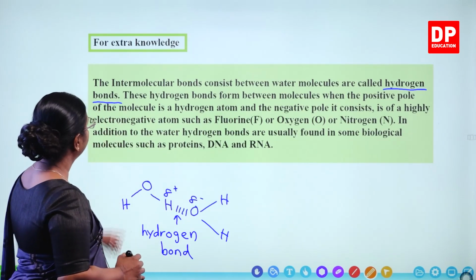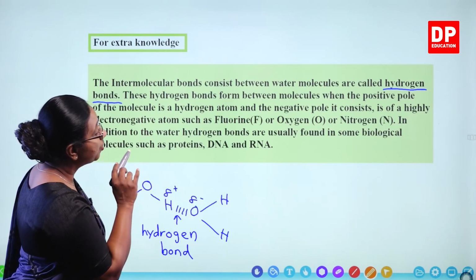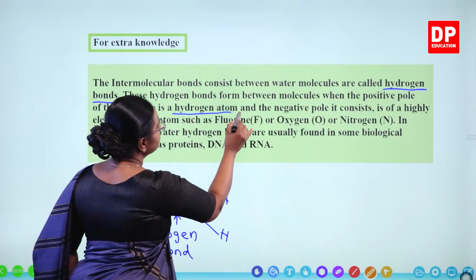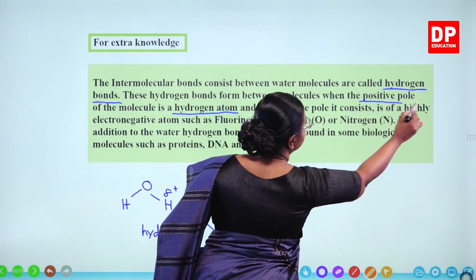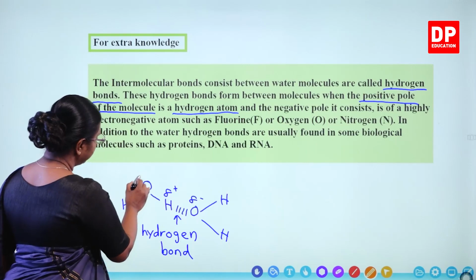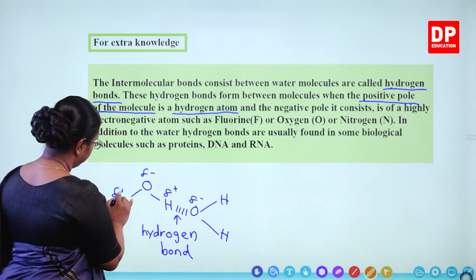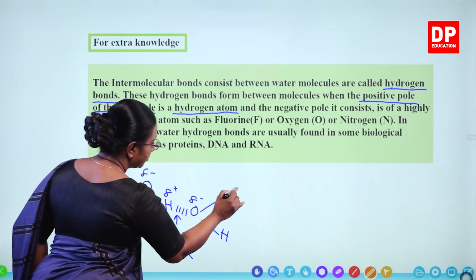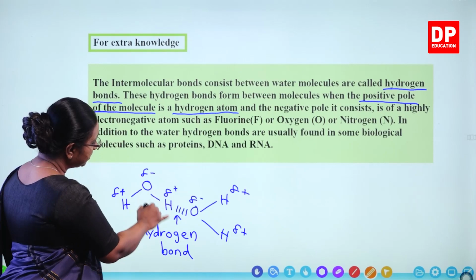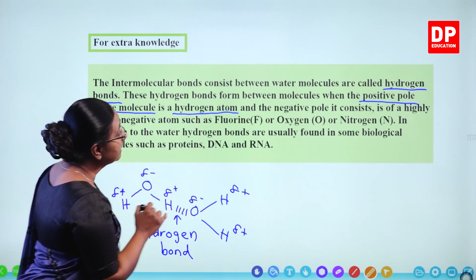Hydrogen bond. These hydrogen bonds form between molecules when the positive pole of the molecule is a hydrogen atom. So here you can see the positive pole of the molecule. So this is the positive pole. This is the negative pole. Again here positive pole. And here also these are the positive poles. So when the positive pole is a hydrogen, and the negative pole.